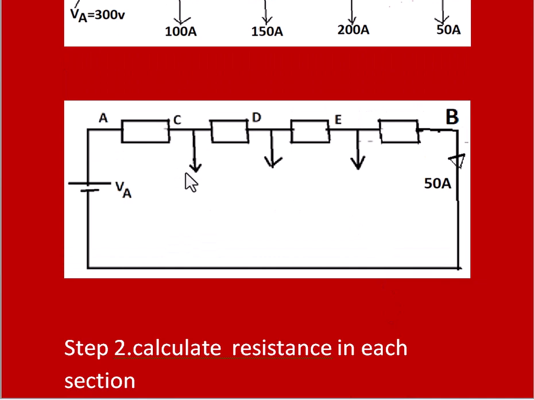Load point means here. So the voltage at point C is this voltage minus the voltage drop across this, because the current is known in this section and the resistance is also known, so VA minus RAC times IAC is nothing but the voltage at point C. Like that, at point D also it can be calculated, at E it can be calculated, similarly at point B also.